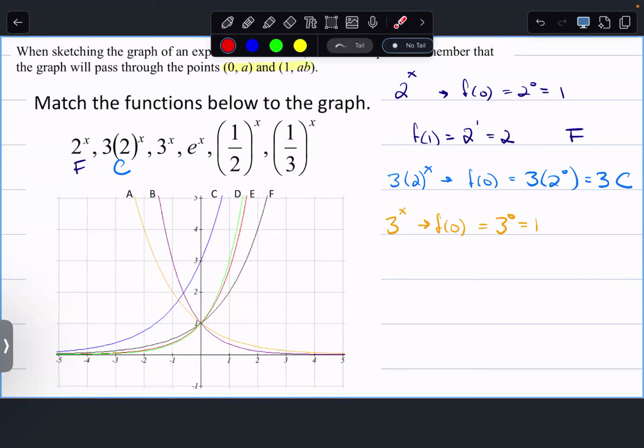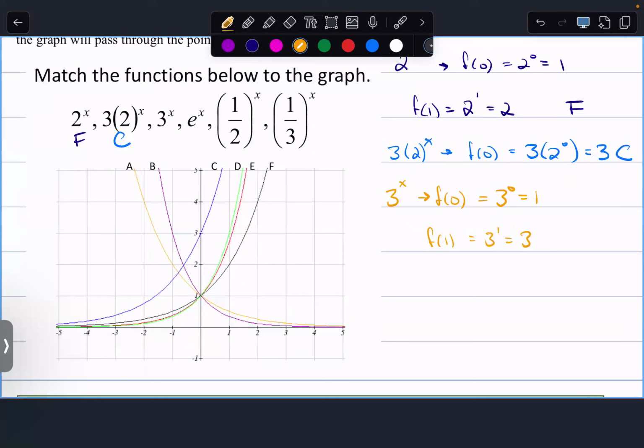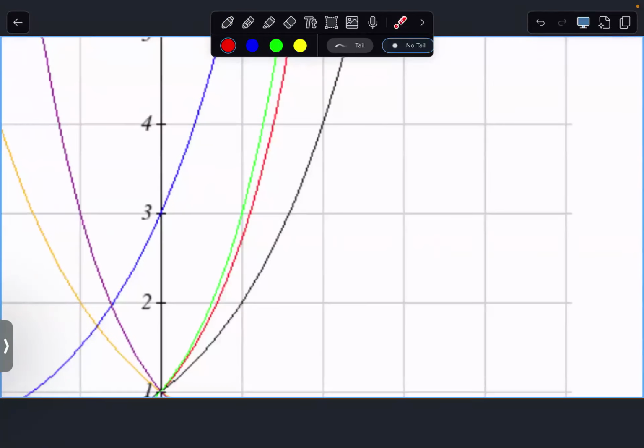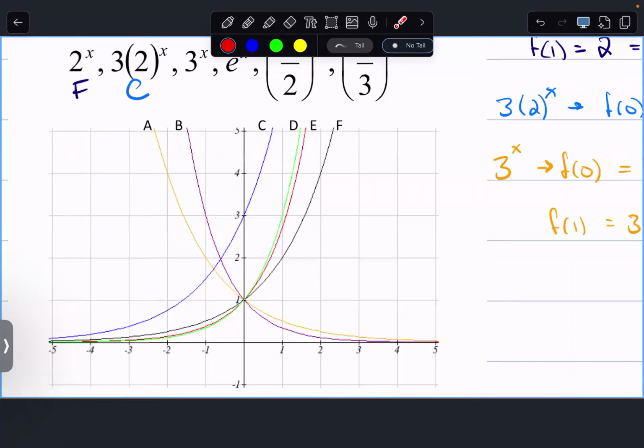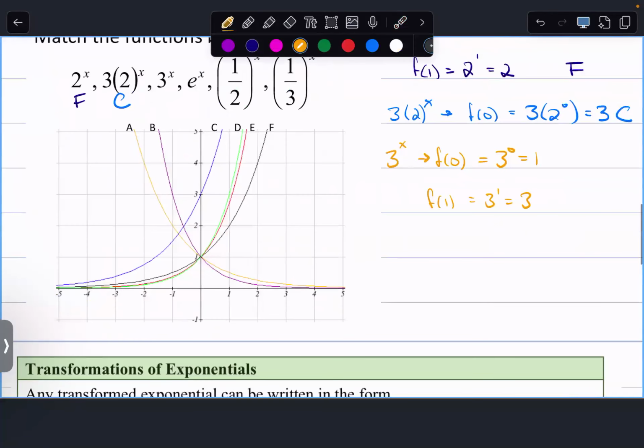And so we need to move on and find f of 1, which is 3 to the power of 1, which is 3. So when x is 1, y must be 3. (1, 3). And if we're really careful here, it's not the red one, it's the green one, which makes it D.